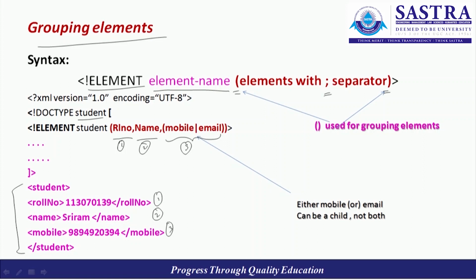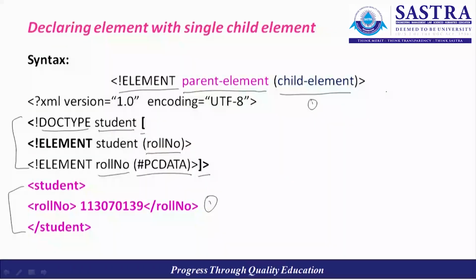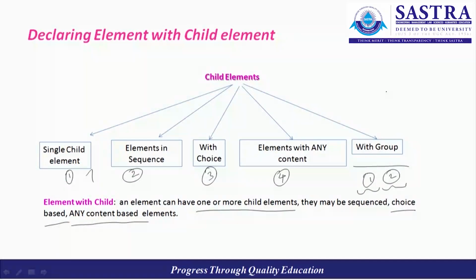It is not allowed. Any one will be allowed. This is the way I can group the elements. Opening and closing parenthesis is used for grouping elements. So, we have seen the different patterns of child elements possible for an element.